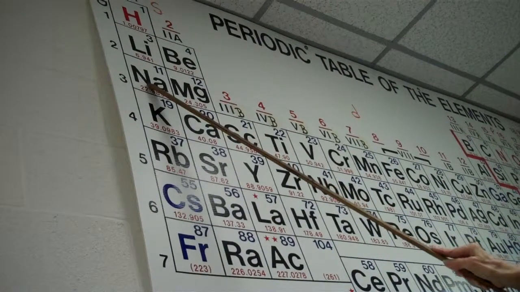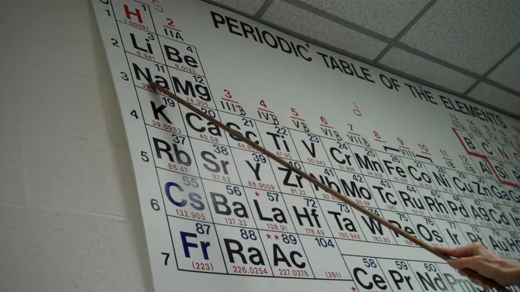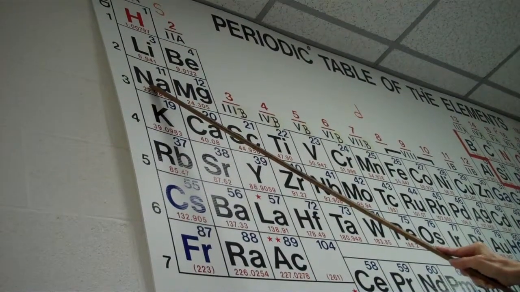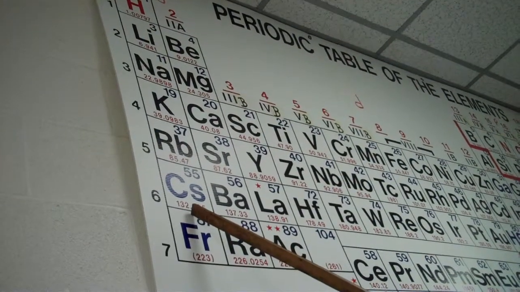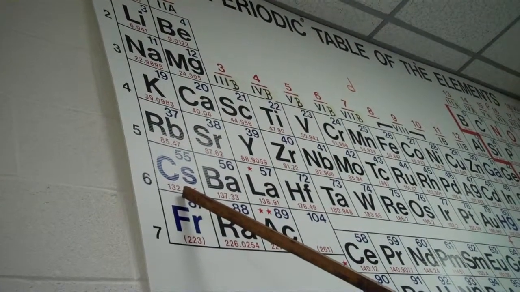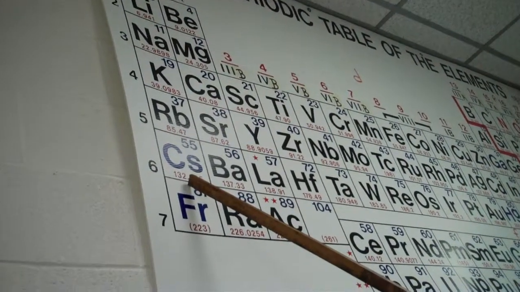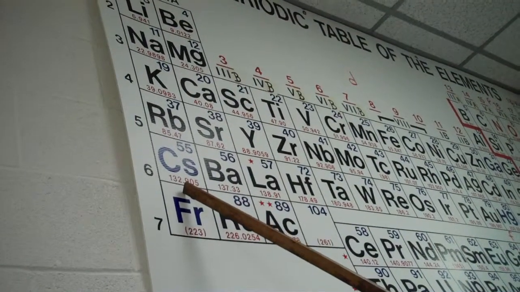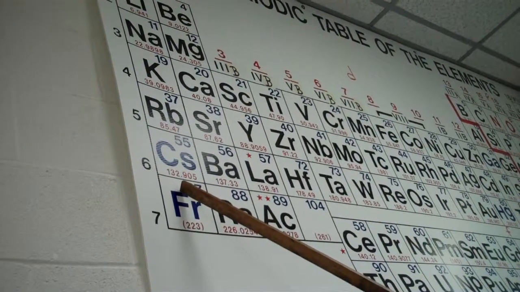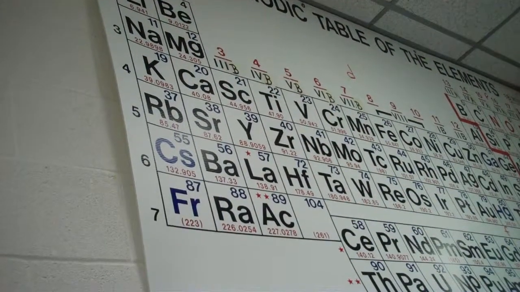If it loses 1, what charge does it take on, Eddie? +1, exactly. Take a wild guess. You've never heard of cesium before in your life. What's its most common charge? +1. Family members are related. If I had your brother or sister and they got an A, that probably means you're smart too. So, +1, +1, +1, +1, when they become charged.